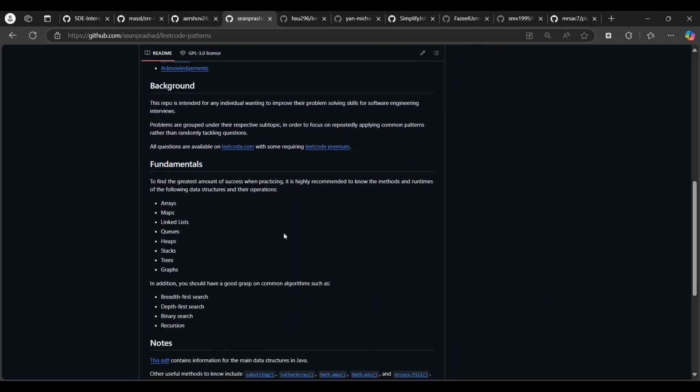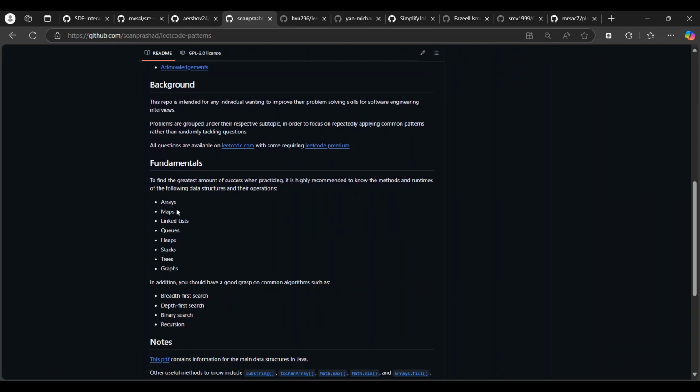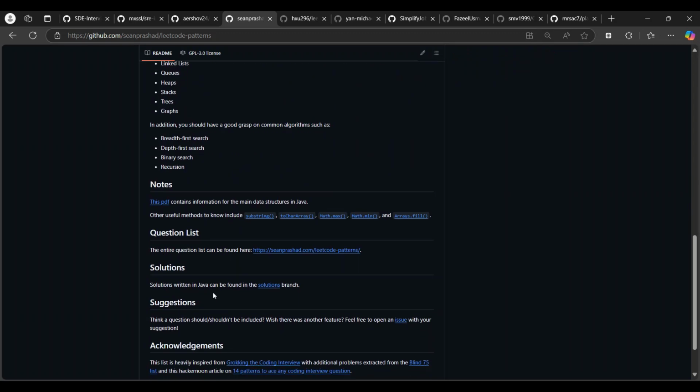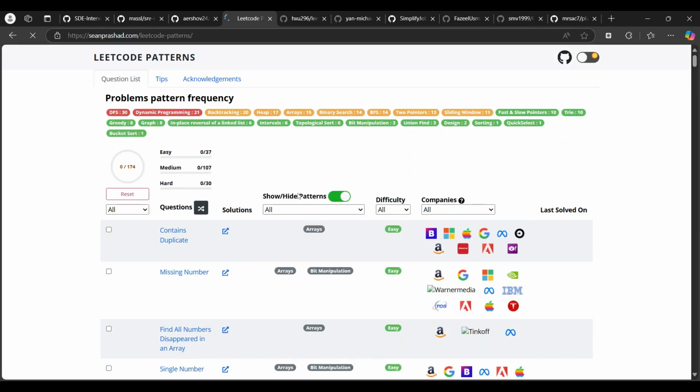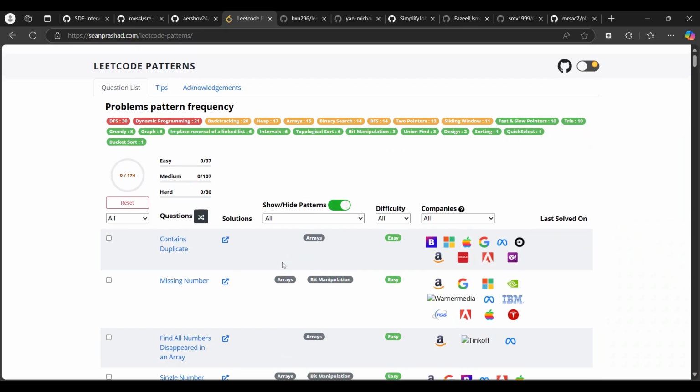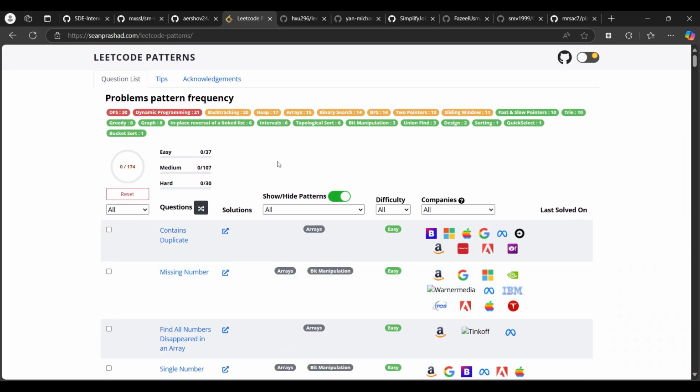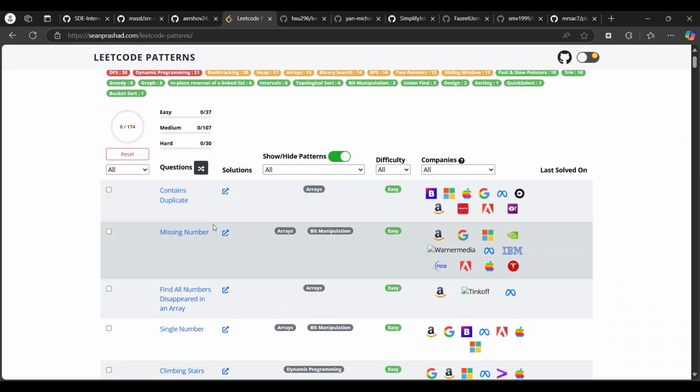Different algorithms and data structures like arrays, maps, linked lists, and their patterns and the different questions. If I click on this leetcode patterns entire question list, they have every question listed, right?